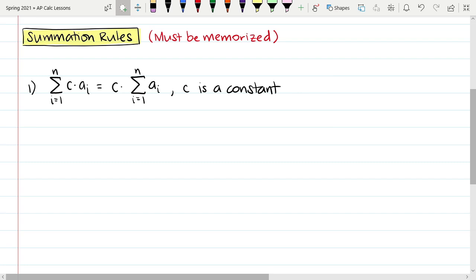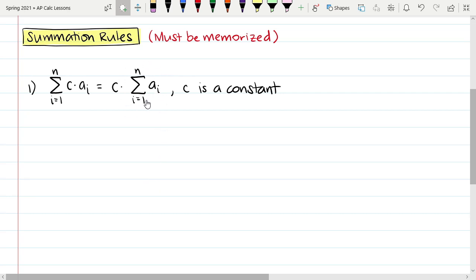So the first rule says, if you have the summation from I equals 1 up to n of c times a sub I, where c is a constant, then we can factor that constant out in front of the summation, and you just have the constant times the summation itself.